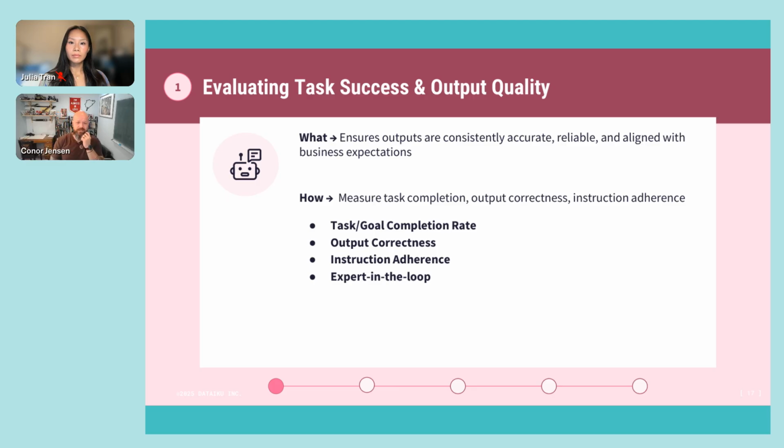The other piece is instruction adherence. Did the agent work within the bounds that you've given it? Maybe it has tools. Think about an internal agent that has access to HR data to be able to answer certain questions for HR specific reasons, but it's constrained to saying, hey, we only want you to use this data for these particular instances.